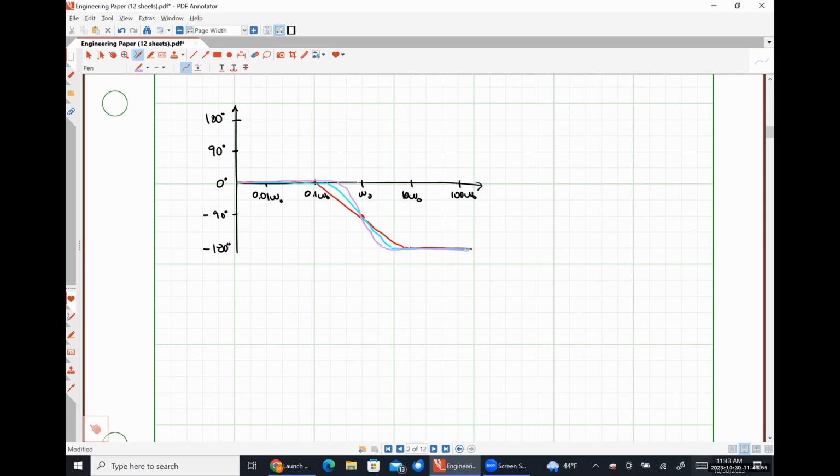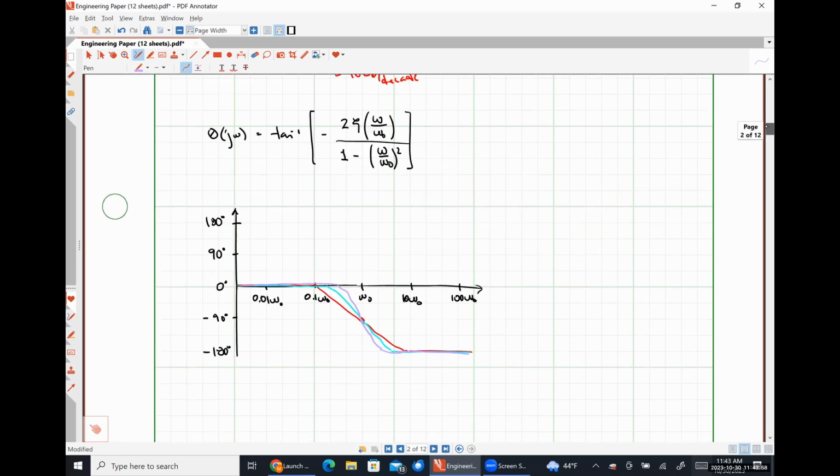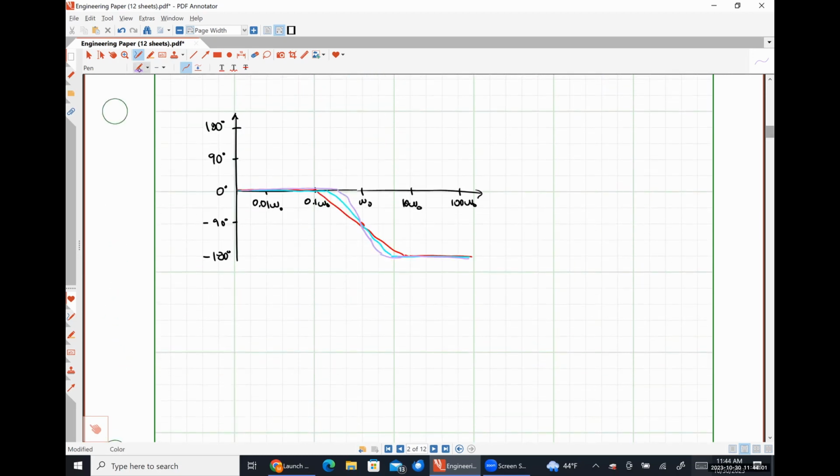So effectively, it's just transitioning from 0 degrees to negative 180 degrees faster and faster.